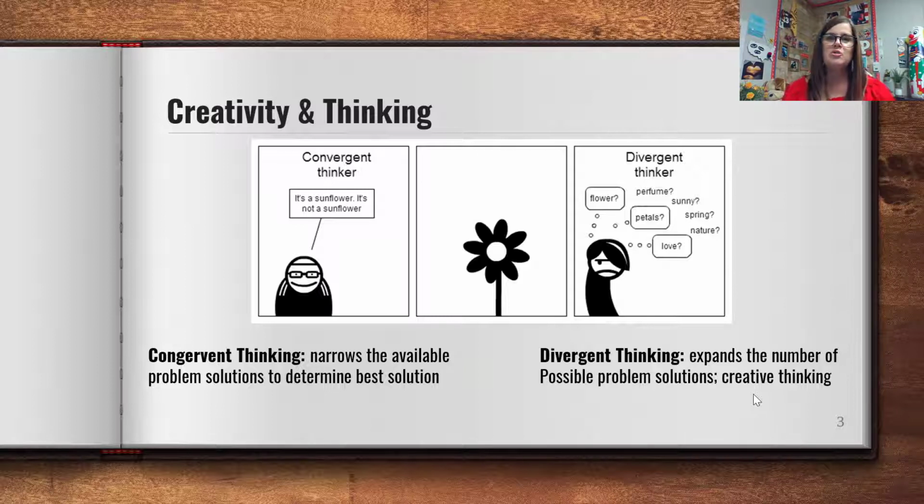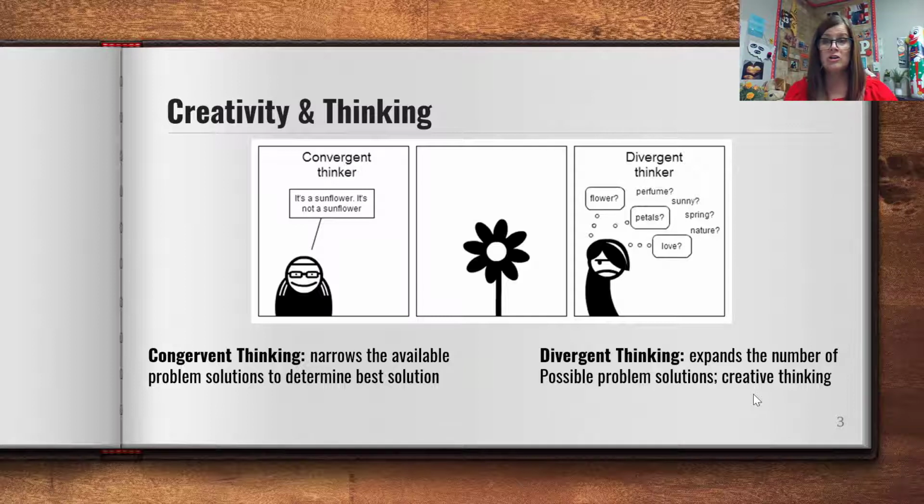If you look at this little cartoon and the picture of the flower, a convergent thinker would come at this from the perspective of narrowing down the available problem solutions to determine the best solution. So a convergent thinker is going to be very cut and dry about the possible solutions to a question.